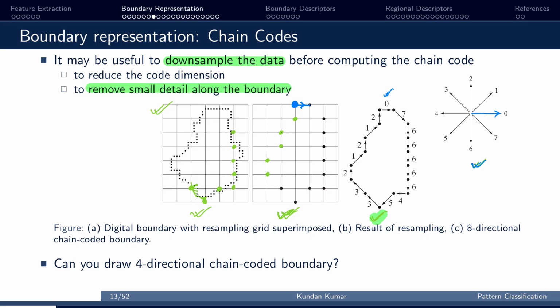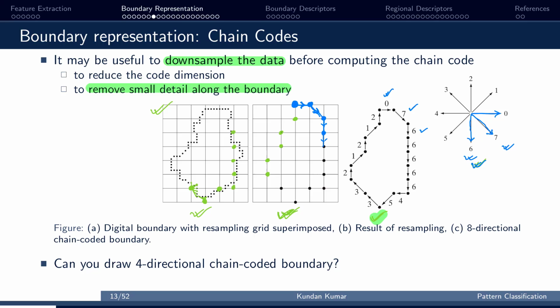When we move to the next grid point, which is here, this is the direction of moving from this grid point to this grid point, and in the 8 directional encoder this is basically 7. So the next value is 7. In the same way, when we move to this grid point, this is the direction, and this direction is denoted as 6. So here it is 6.